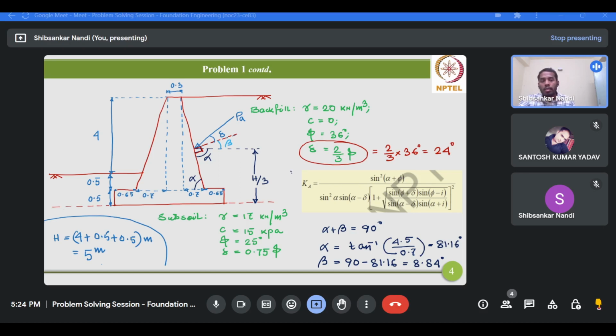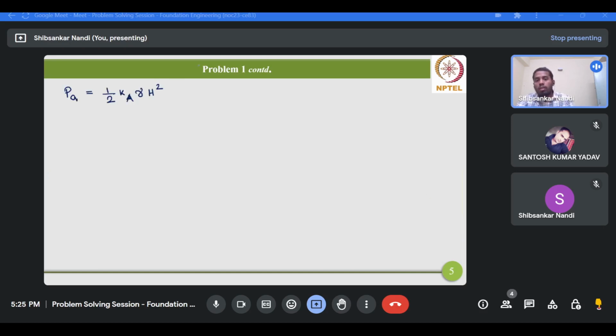And this is the earth pressure coefficient based on the Coulomb's theory. To calculate the K value, you should know alpha, phi, delta and I. So four variables are in this expression. Here we will summarize.